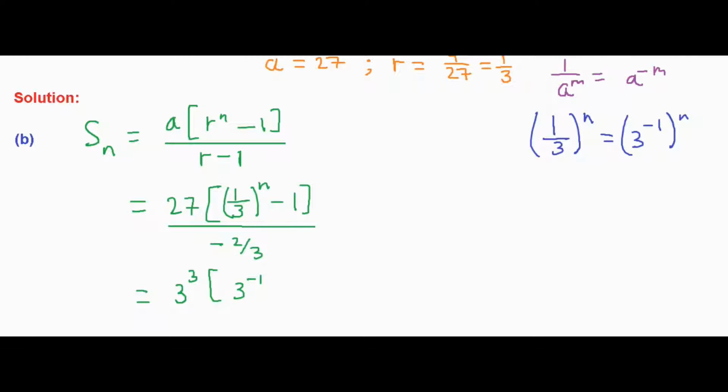And this comes to 3 to the negative n when we're multiplying the powers. And here we are using the exponential law, a to the m all to the n equals a to the m times n. So then we can write a third to the n as 3 to the negative n. So 3 to the negative n, minus 1, all over negative 2/3.